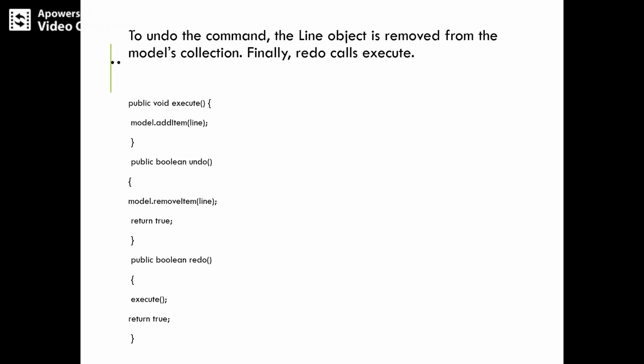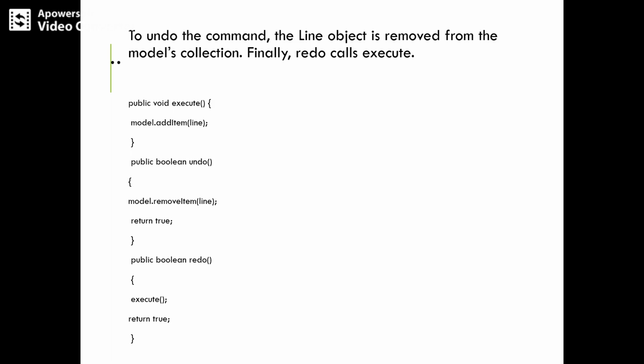Otherwise, if the line is incomplete, the start and endpoint are considered the same. The implementation is public boolean end: if line.getPoint is equal to null, undo and return false. Else if line.getPoint is null, line.setPoint to line.getPoint1 and return true.